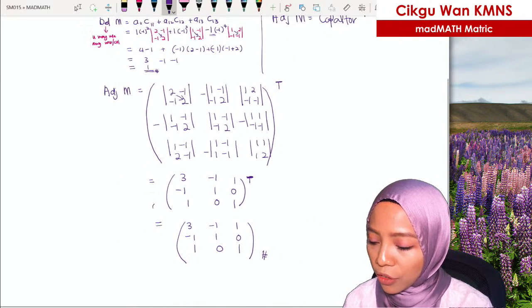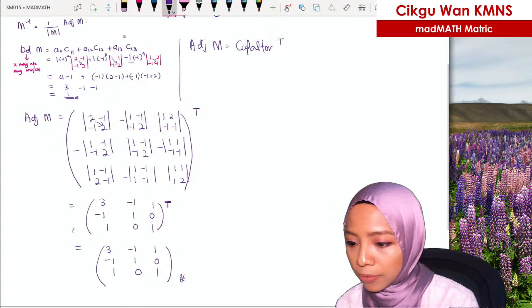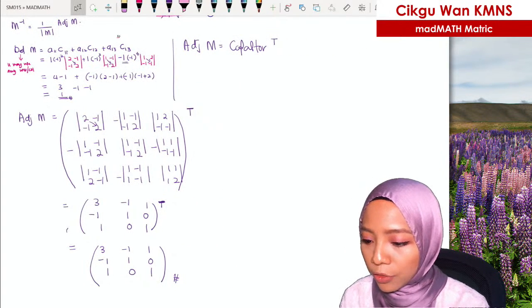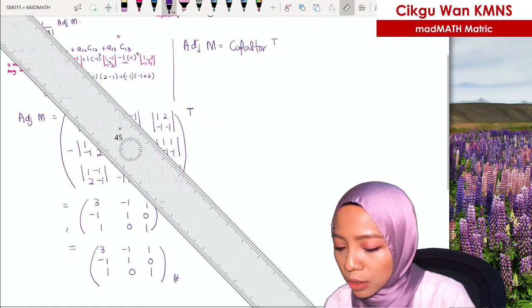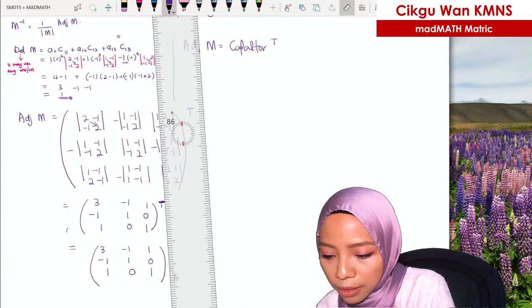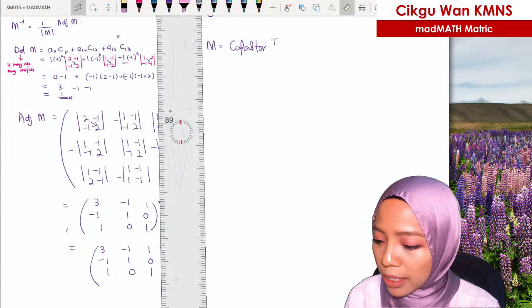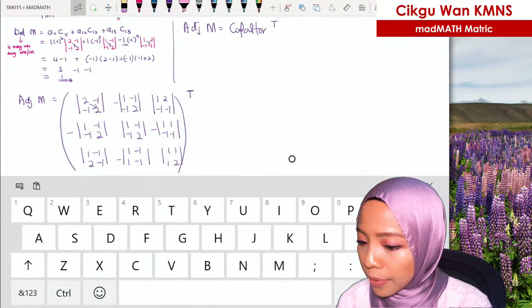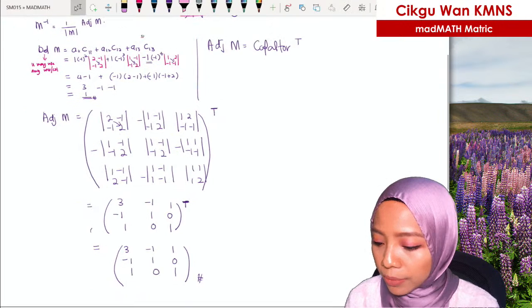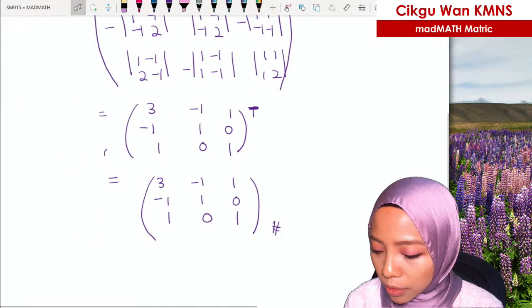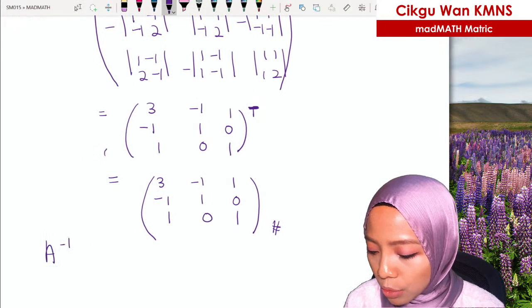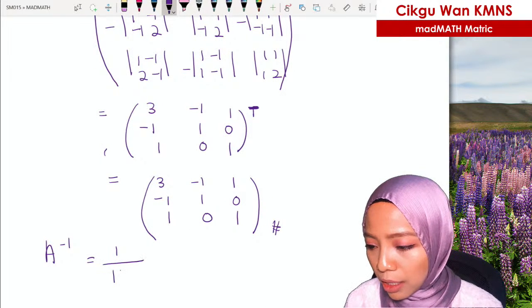So, therefore, in finding inverse. Okay, tak payahlah. Teruslah. Okay, therefore, A inverse equals to 1 over determinant A. A ke M?